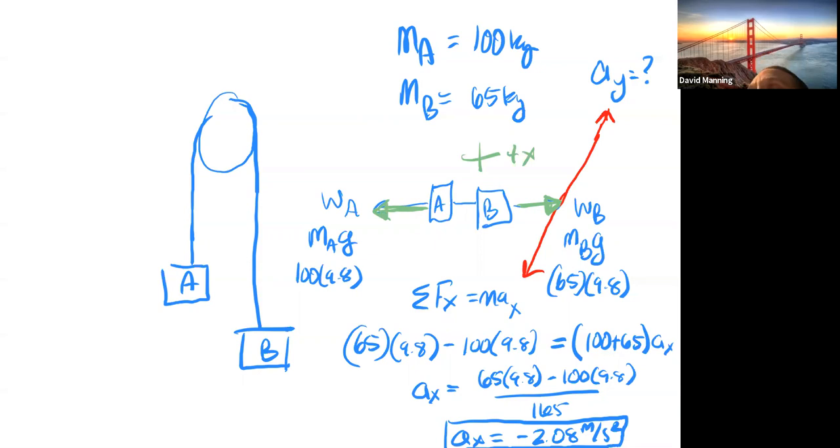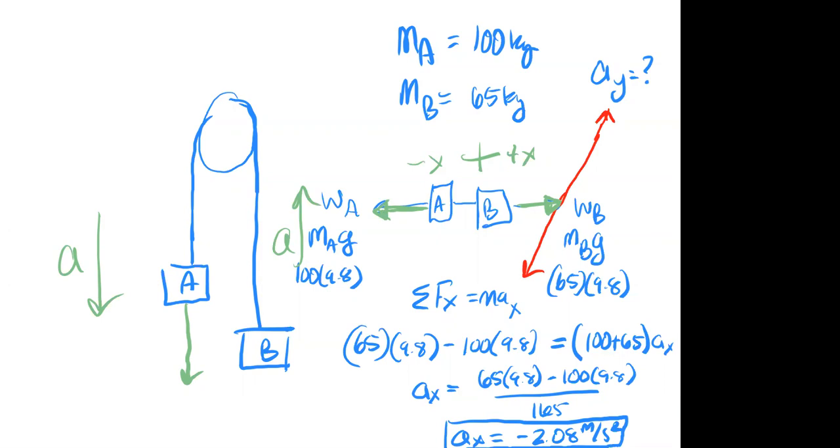This is the negative x. 65 is smaller than 100. So this is telling us that it's accelerating towards A, that this is the direction of the acceleration. That one's going down and this one's going up. That's what a negative tells us. Does that make sense?